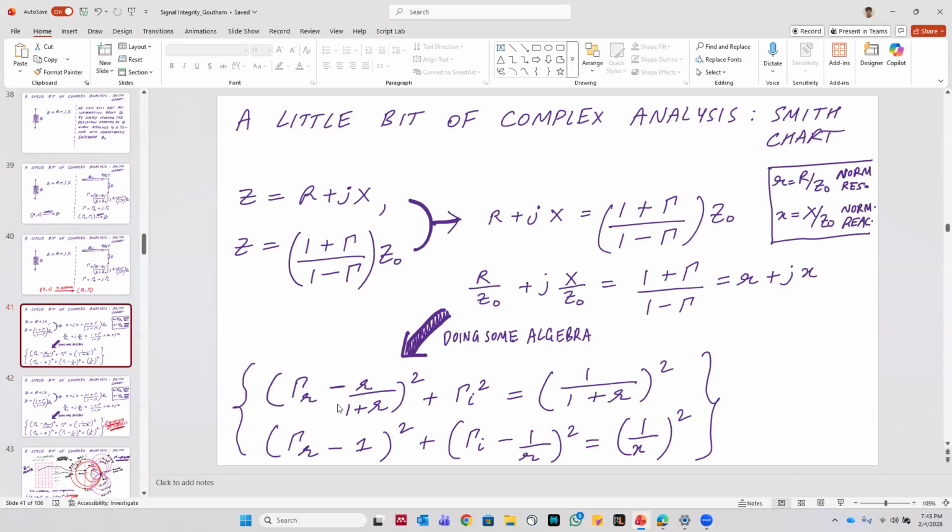If you look at these expressions, they are actually equations of circles. So the R and X are being transformed into circles on the gamma plane.